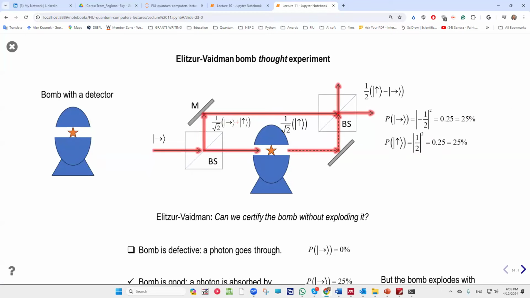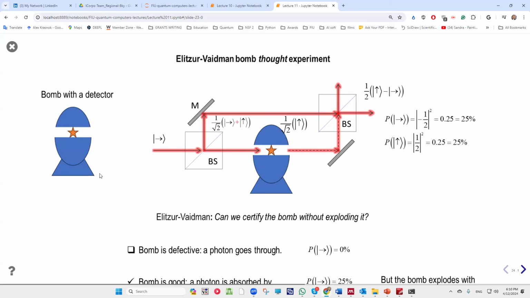This result is known as the so-called Elitzur-Vaidman bomb thought experiment. If you take the Mach-Zehnder interferometer, just like the one we discussed, and consider a toy bomb, a bomb with a detector in there.